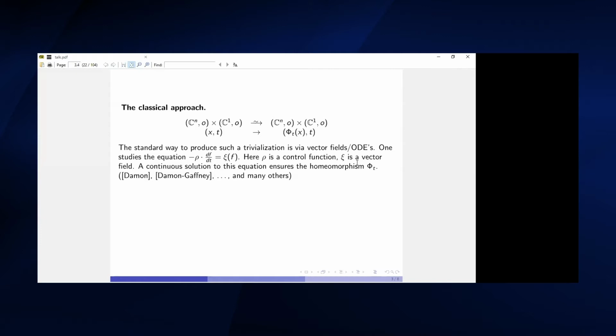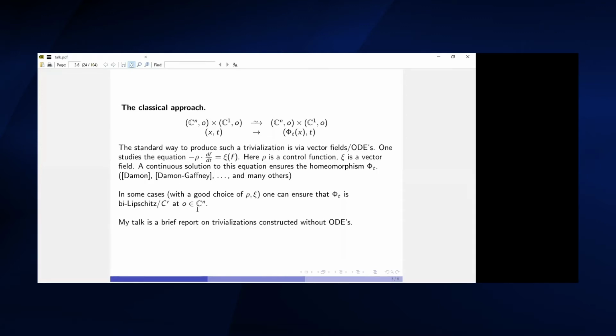And this is a very old story, with the key work of Damon and Gaffney, and then many other people developed this and applied it in various setups, to various cases. Now, in some cases, if you have a good choice of this control function and this vector field, then one can ensure that the homeomorphism is actually bi-Lipschitz at the origin, or even C^r.